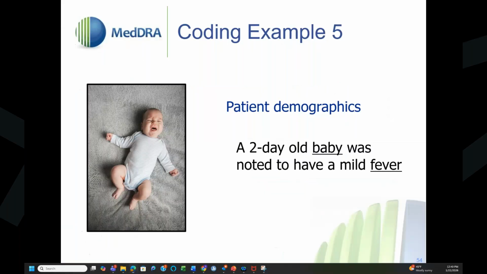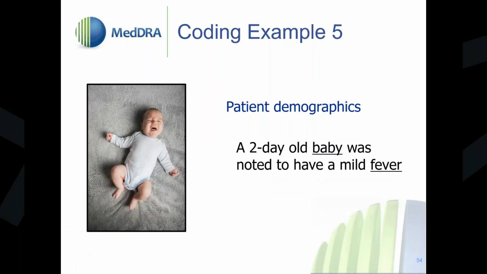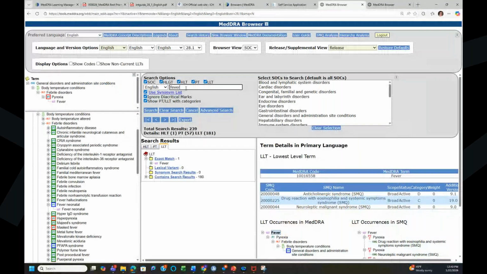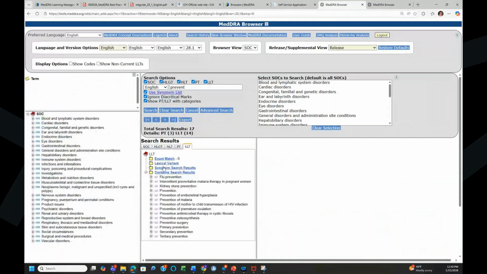So, 35-year-old woman taking drug X to prevent relapses of multiple sclerosis. When we talk about prevent, if I put the word prevent in the browser and look for it, and just look at prevention, prevention as an LLT is going to prophylaxis as a PT.